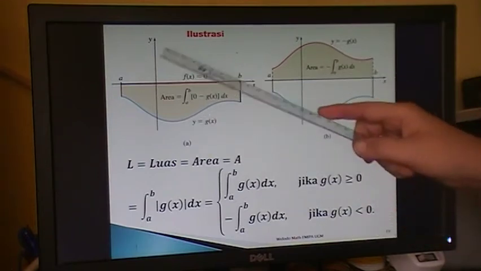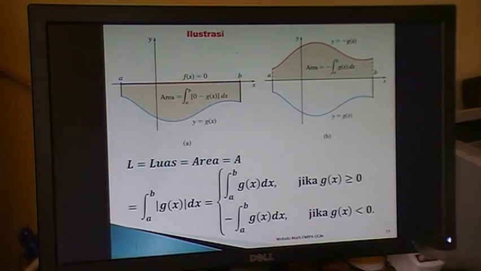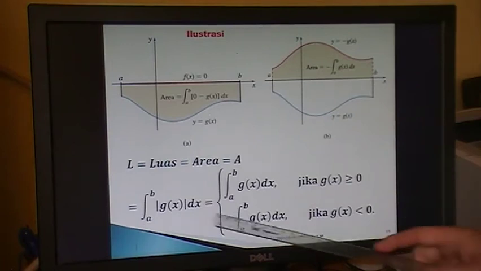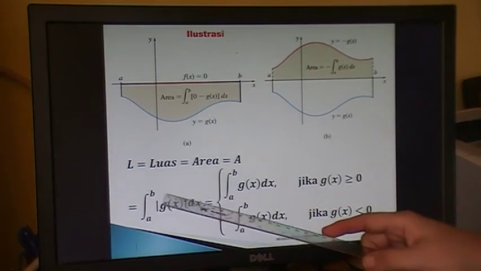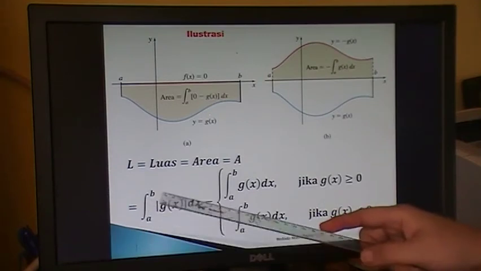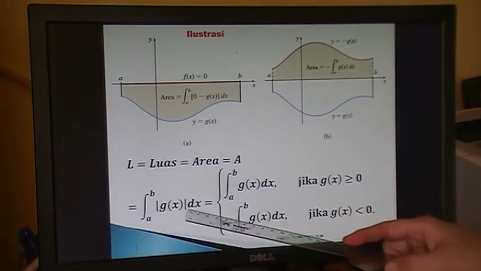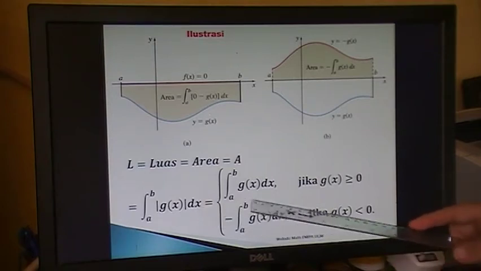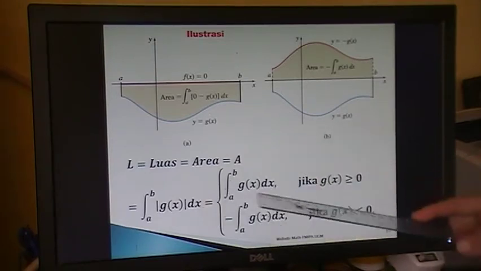So something like this can also be counted by using the formula, the integral from a to b of the absolute value of g(x) dx, the same as for the function f.